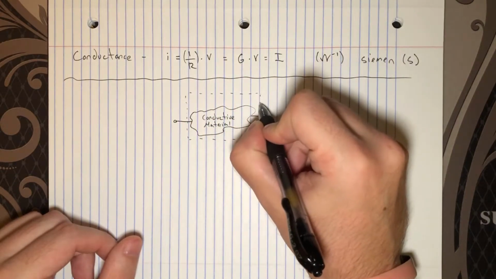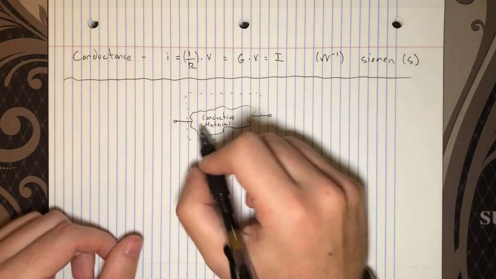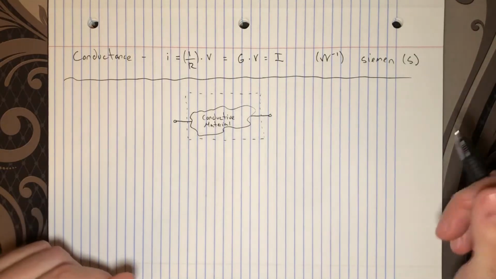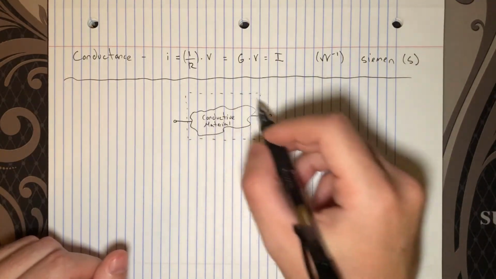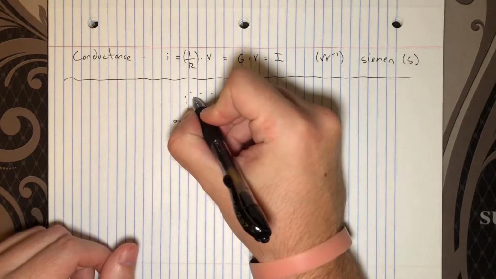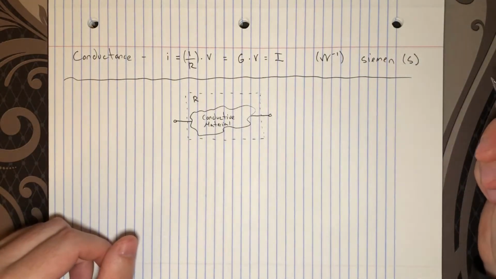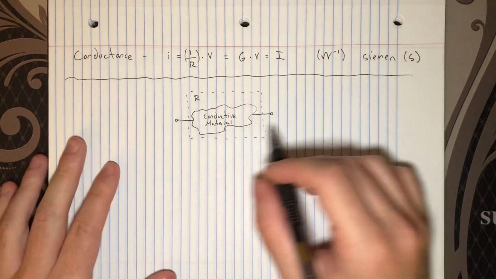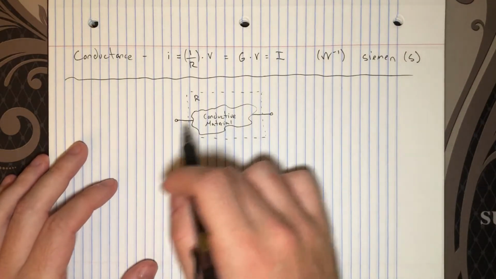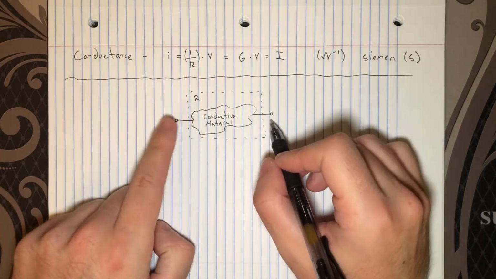I'm drawing a box around this just to show that. And then as the electrical engineer, as the circuit designer, you don't really need to know what's in this box, just that there's a certain resistance associated with it. And you can apply a voltage to these terminals and watch a current flow through it, or you can force a current through this element and watch a voltage appear.